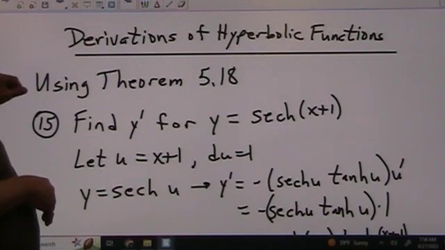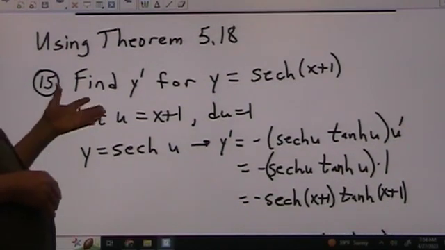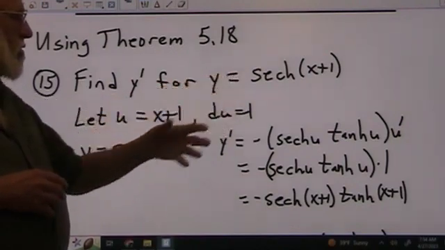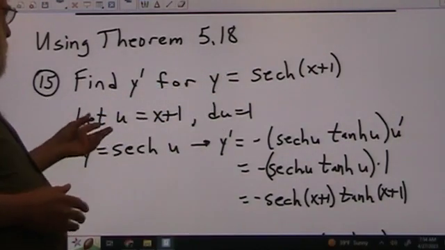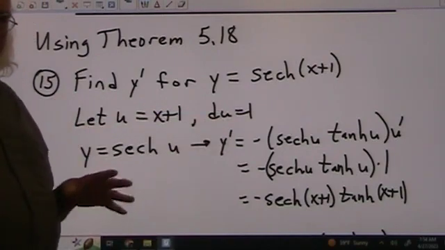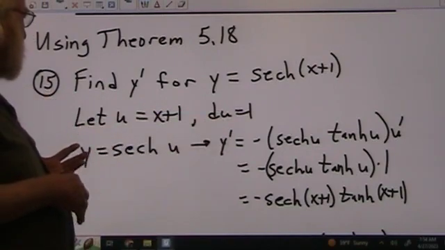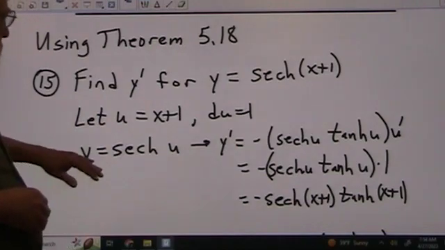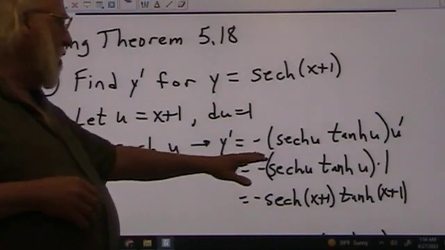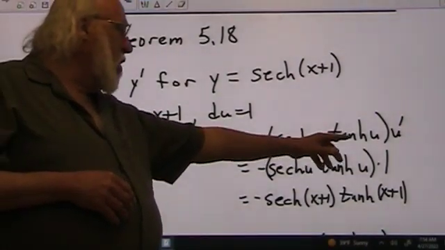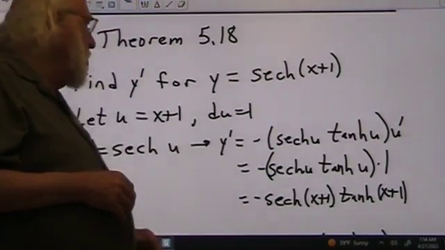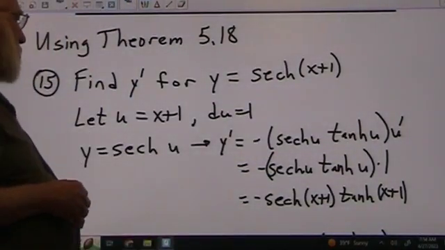So an example of this is find the derivative of y equals sech(x + 1). We're going to make u be x + 1, which means du is 1. And according to theorem 518, the derivative of the hyperbolic secant of u is negative sech u tanh u times u prime.